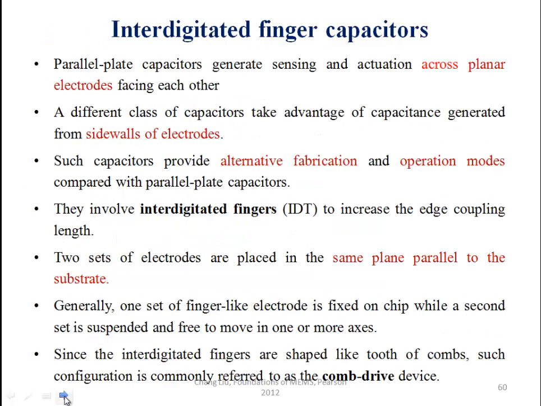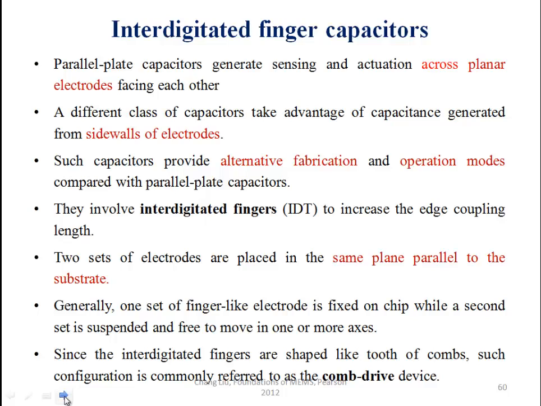Then the second classification, that is the classification of capacitor based on their geometry, is interdigitated finger capacitor. While going through the parallel plate capacitor, we saw that in parallel plate capacitor, the capacitance is calculated across the conducting plates. So here in interdigitated finger capacitor, the capacitance is calculated from the side walls of the electrodes.